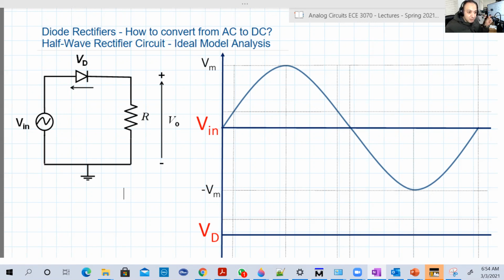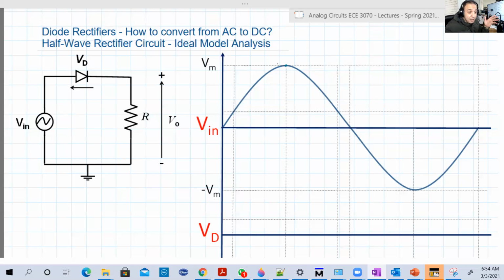And when you convert RMS to maximum, the normal thing that we do, this maximum voltage would be 155 or 160 volts, which is very, very much greater than 0.7. So we can just ignore this 0.7.